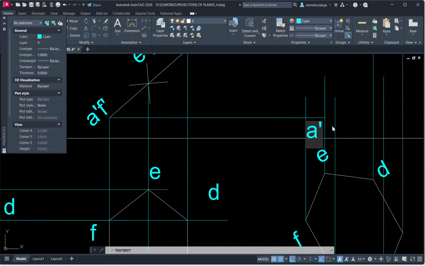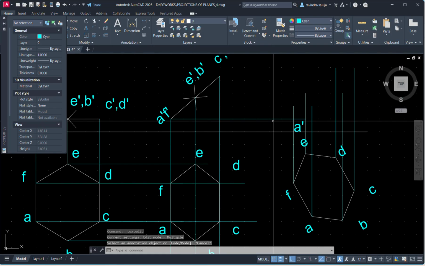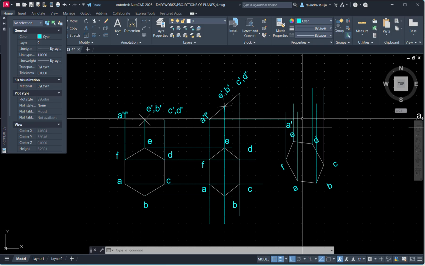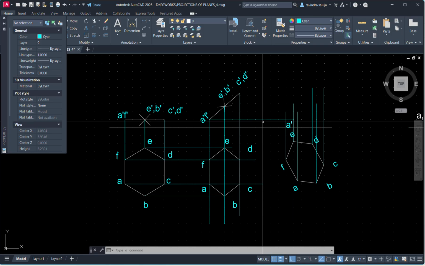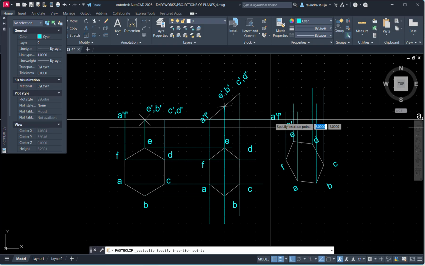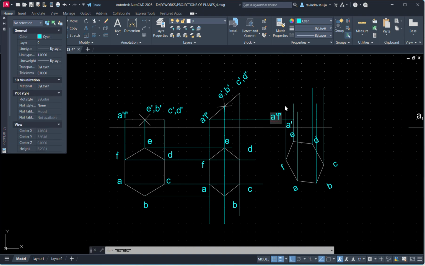So parallelly also mark the points, it will be better. Otherwise you may end up with the wrong answer. Okay. So A we have done. Now B. Similarly you can mark for F also. So this one is your F dash.